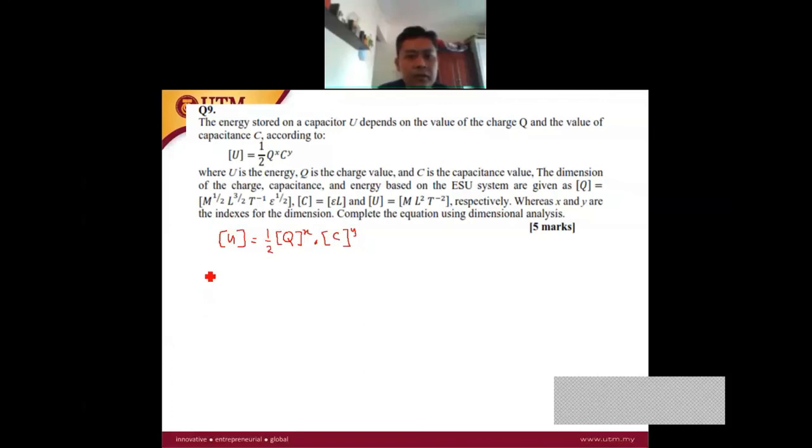So on the left hand side we have the dimension M to the power of 1, L to the power of 2 times T to the power of negative 2.